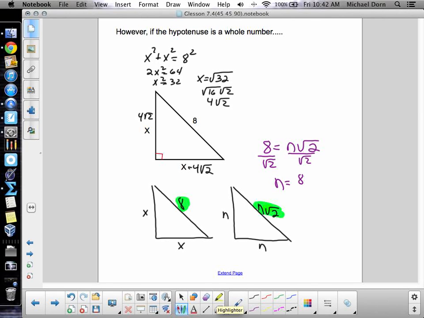So n equals 8 over the square root of 2, which then rationalizes. So it's 8 root 2 over 2, but the 8 and the 2 reduce. So I can set up a little equation using my pattern, or I could set up my Pythagorean theorem. It's really up to you.